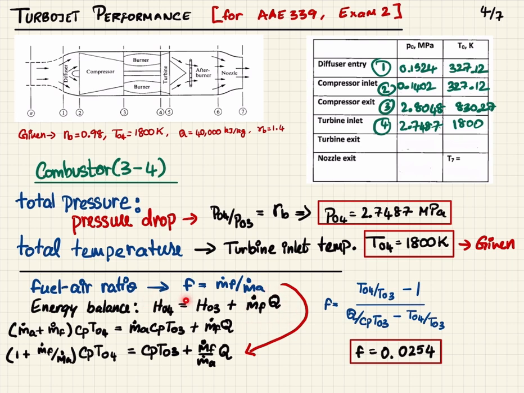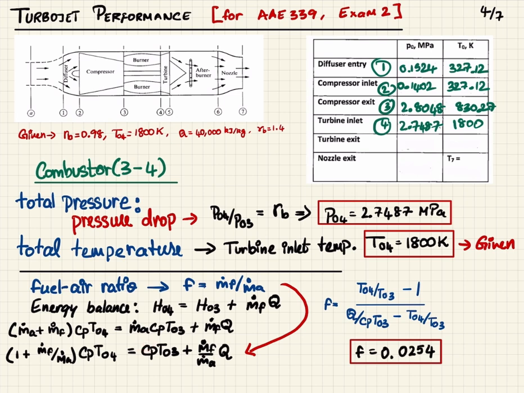So writing out the enthalpy, this is basically equal to the mass flow rate, the sum of the mass flow rate in this case for H04, since we are adding fuel in the combustor, times Cp, which you can determine from the value gamma and the gas constant, times the turbine inlet temperature.